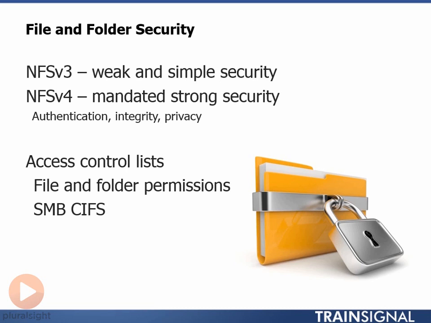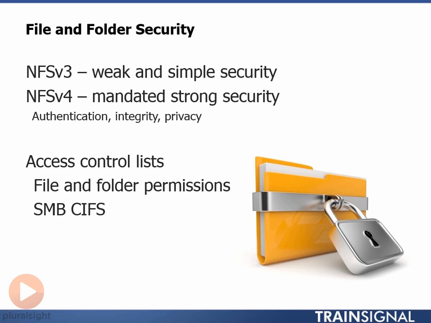And mandating support means that all NFS 4 servers and clients must support authentication, integrity, and confidentiality. Now, whether or not you choose to deploy these technologies is entirely up to you, and it should be driven by your particular security requirements.